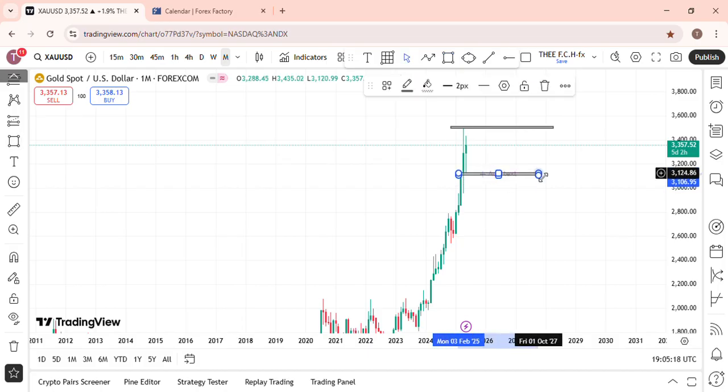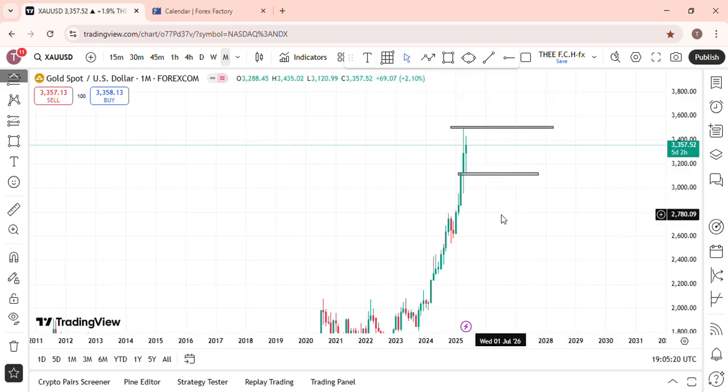It happens to be a very strong support. So generally, as you all know, gold trend is very, very bullish. That is monthly. Now going to weekly time frame.